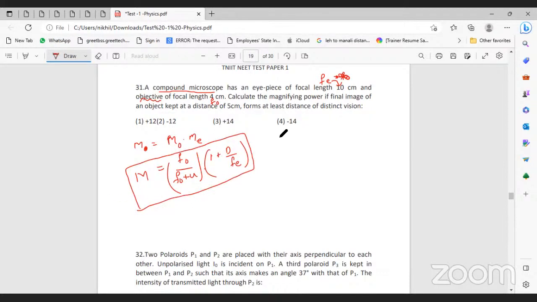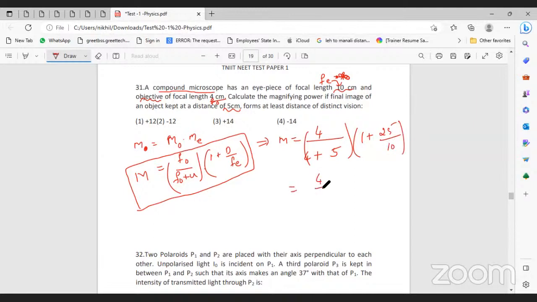Now you can substitute. What is the objective focal length? Objective focal length is 4 centimeter. Here 4 plus, what is the object distance? Object is placed at 5 centimeter, into 1 plus 25, the least distance of distinct vision, by the focal length of the eyepiece, which is 10 centimeter.